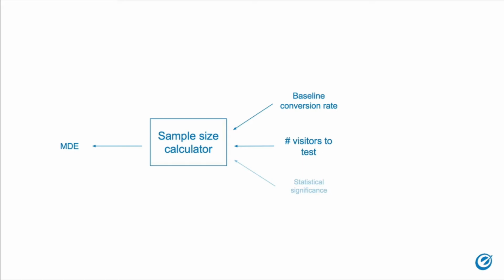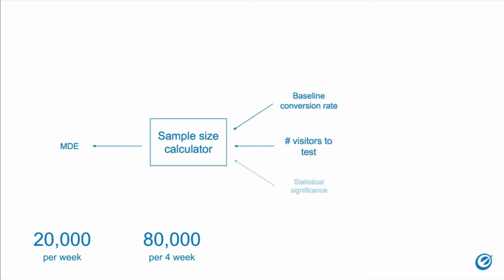Let's say that by looking at our analytics, we estimate about 20,000 visitors per week. That means that if we run this experiment for 4 weeks, we have about 80,000 visitors to test on, and we have 2 variations, A plus B. So whatever the calculator shows us, we multiply by 2.